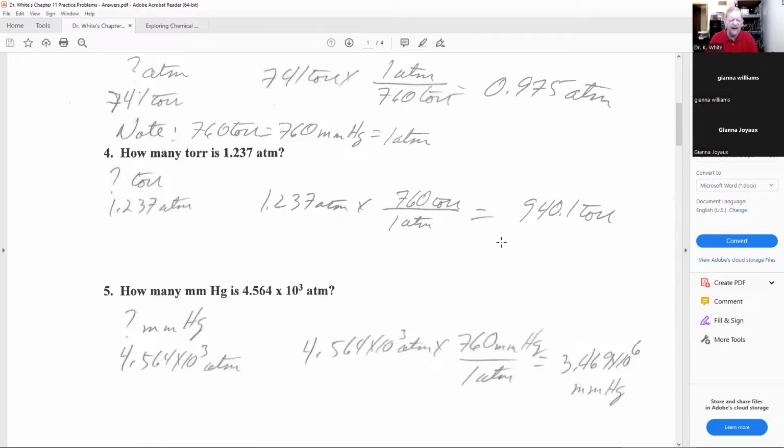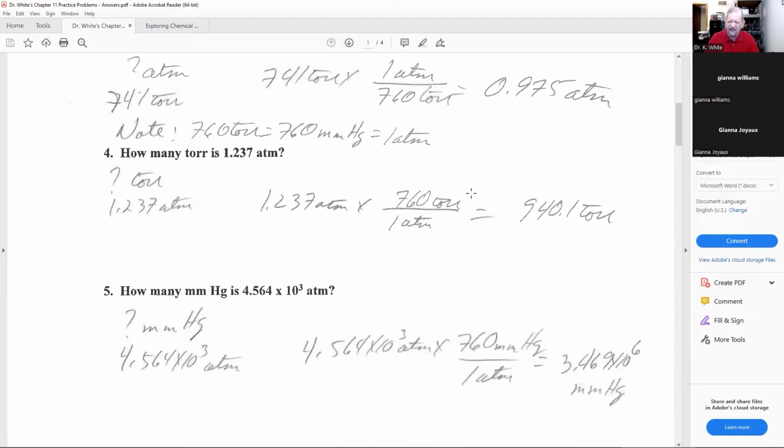Now, if we look at number 4, how many torr is 1.237 atmospheres? Again, this is a key thing, and you should know how to do all these conversions for quiz number 3. Here I'm wanting to get to torr, and I'm starting with atmospheres. Again, look at the ratio.